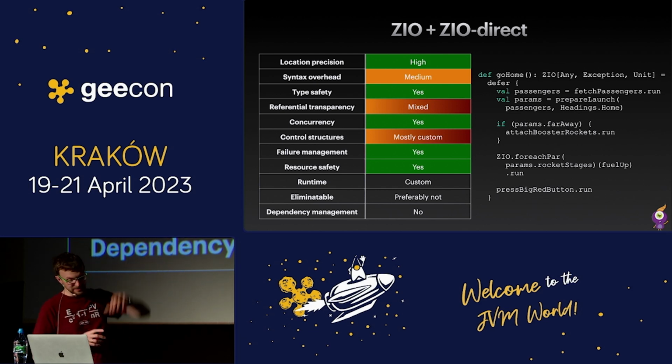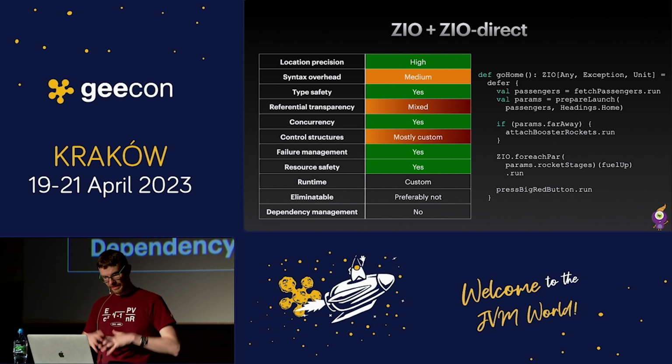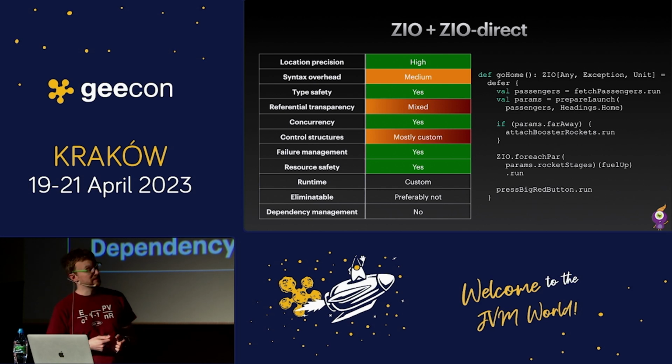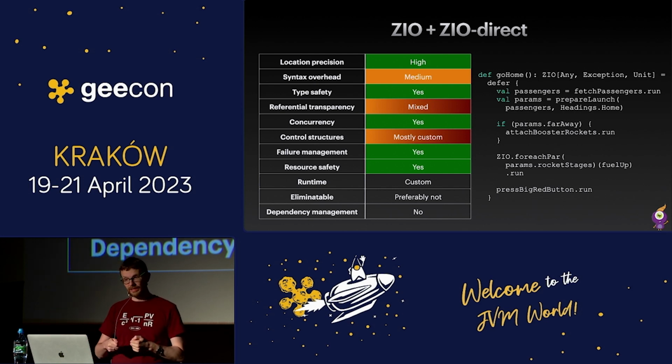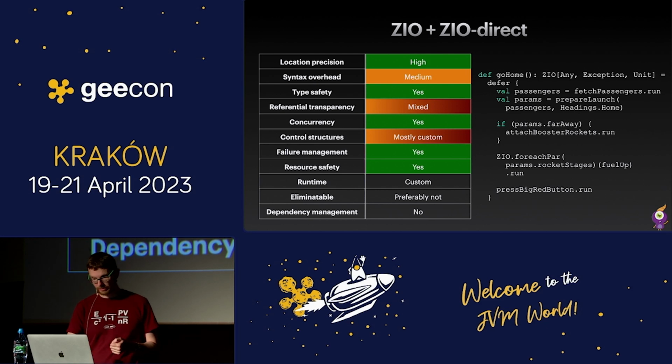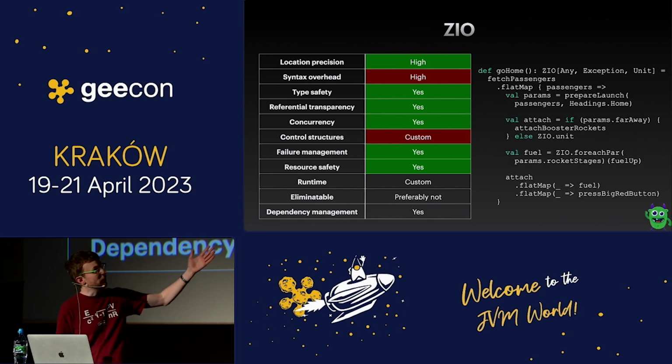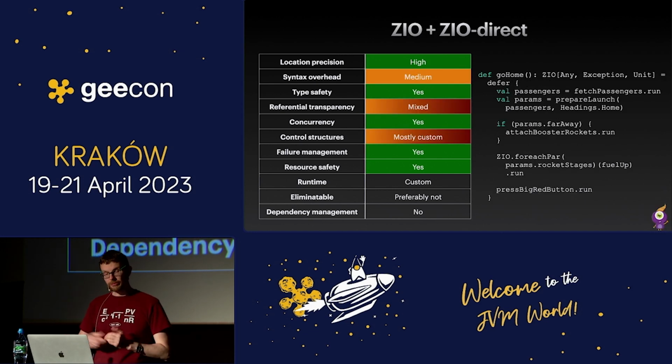So that's why it's mixed. You get some mixed benefits and mixed costs. The downside here is that you actually have to understand how ZIO works. So you need to understand both approaches, and only once you understand how the flat maps work, can you try to improve the readability of your code using ZIO Direct.